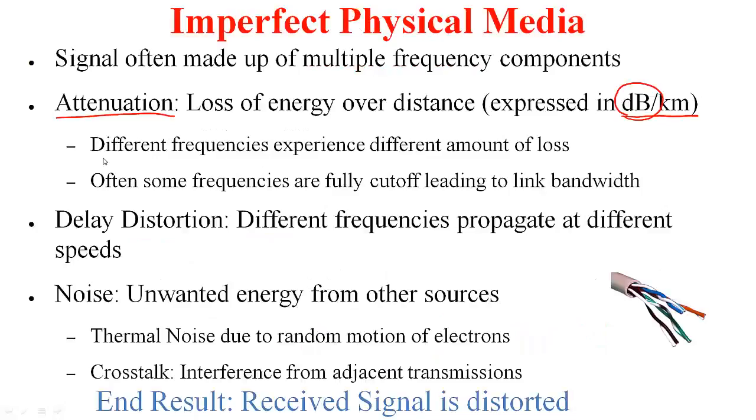So another thing to note here is that the different frequencies of the electromagnetic waves experience different amount of loss. So often some frequencies are fully attenuated, leading to what is called a link bandwidth. So this basically captures the range of frequencies that suffer little attenuation.